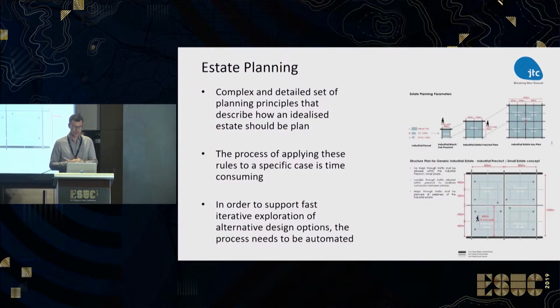When JTC are planning these estates, there is a complex set of detailed planning principles that have to be applied. JTC has created a document describing these principles in a lot of detail, and they contain a lot of rules about density, setbacks, program types, cycling lanes, and greenery, controlling how these estates are planned.